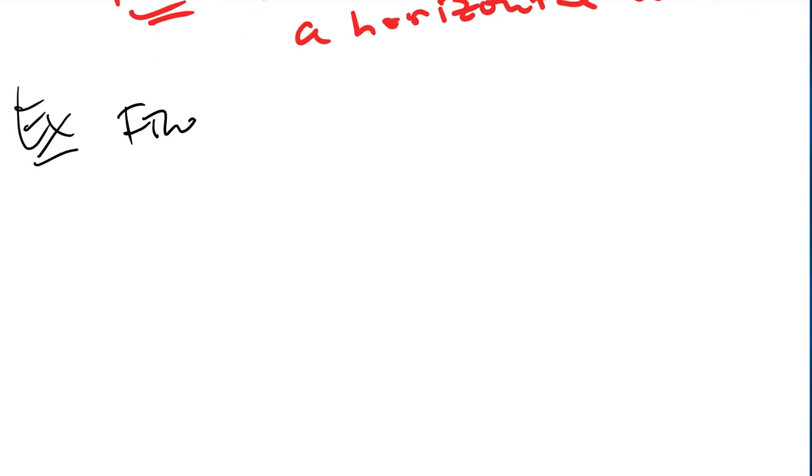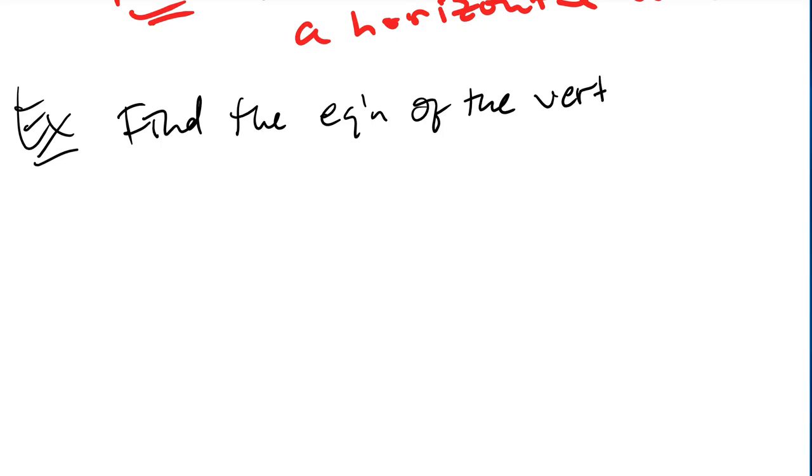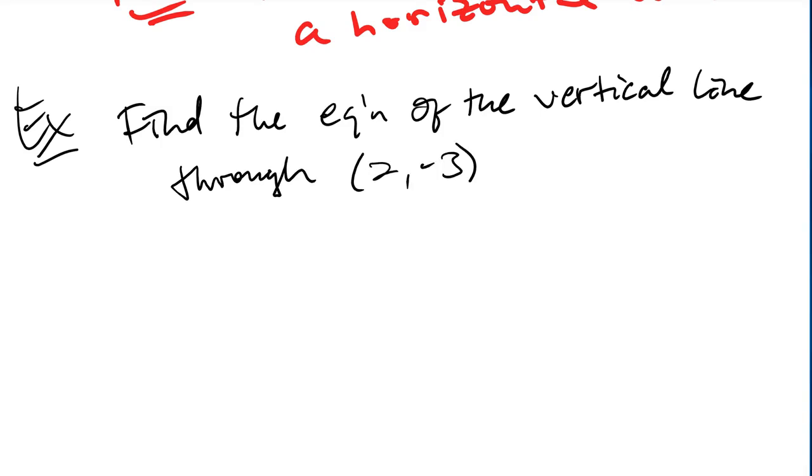It'll say something like find the equation of the line, let's say the vertical line through, let's say 2, negative 3.